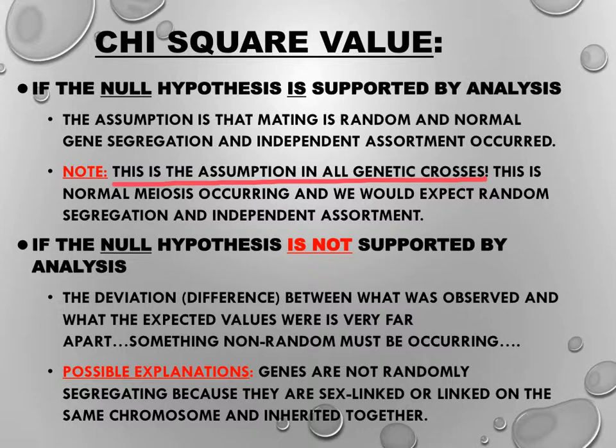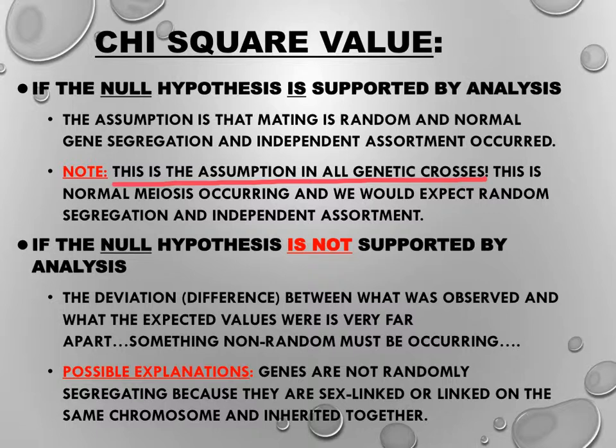Some possible explanations for what that something else could be are that some of your genes are not randomly segregating because they're sex linked. Remember, some things are found on that X chromosome, and once they're on the X chromosome, wherever the X goes, they go as well. They are linked to that particular chromosome. Some genes are linked together, even though they're not one big package, but they behave like they're one big package.